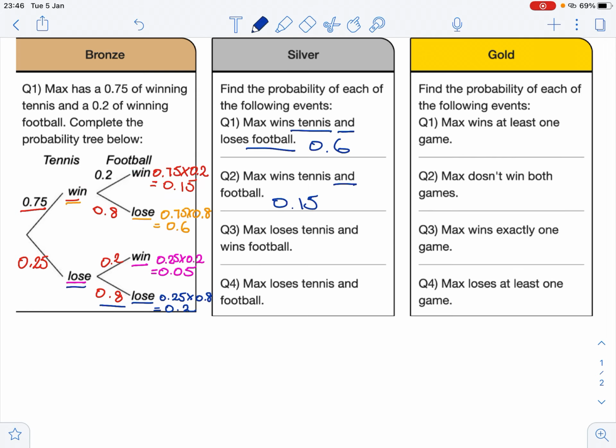Now let's look at Max loses tennis. Max losing tennis is this branch here, and wins football. So it's 0.25 multiplied by 0.2, so our answer is 0.05.